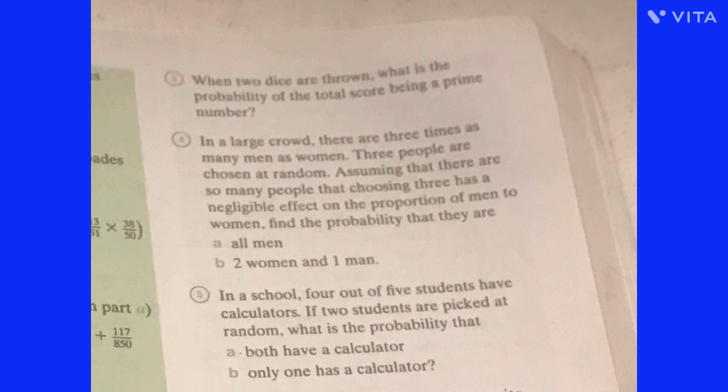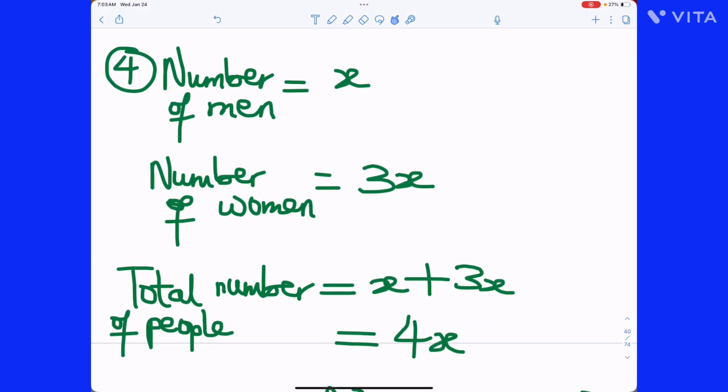Assuming that there are so many people that choosing 3 has a negligible effect on the proportion of men to women, find the probability that they are all men. Find the probability that there are 2 women and 1 man. So let the number of men be X. If the number of men is X, the number of women is 3X.